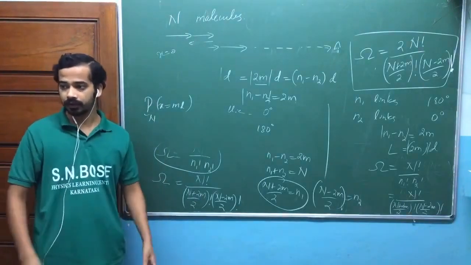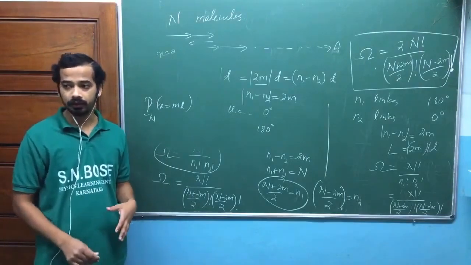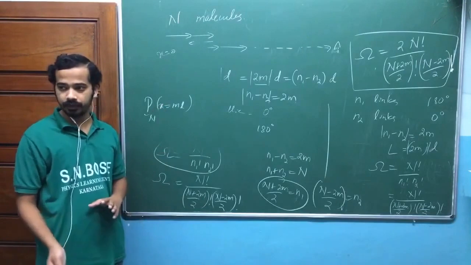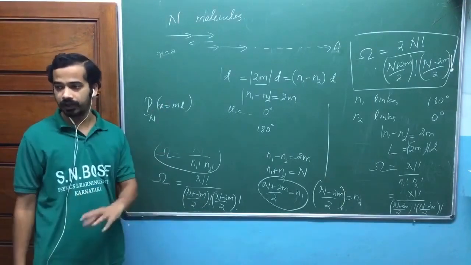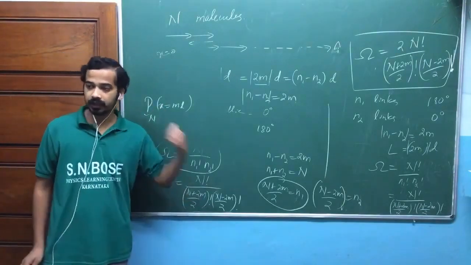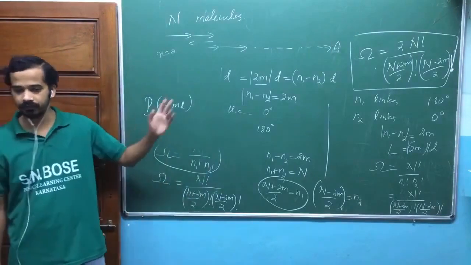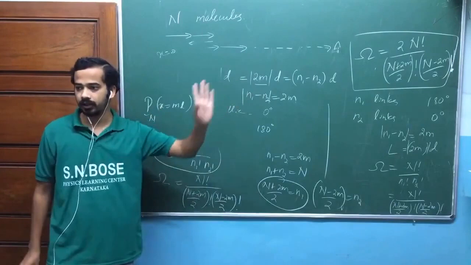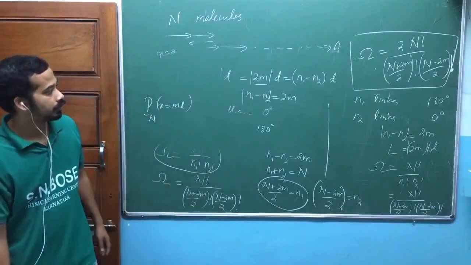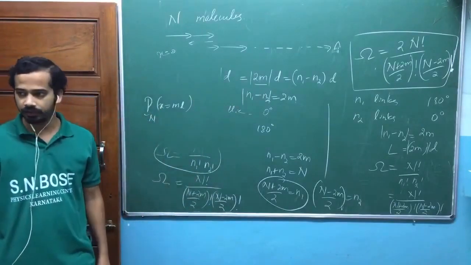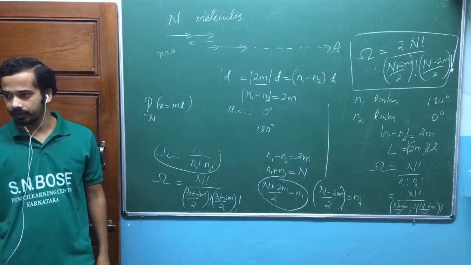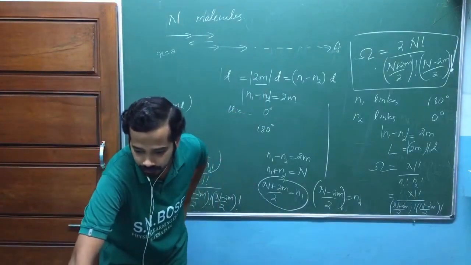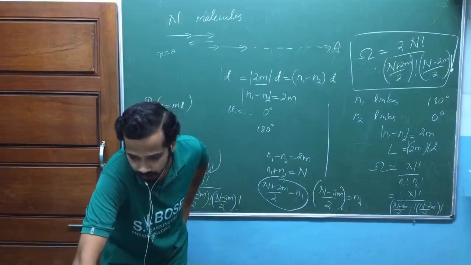Either case, those are different. You will get the negative of the earlier displacement. If you interchange those n1 and n2, you will get negative displacement. We have taken it differently in that probability distribution. But here you should not be sensitive to the sign of the displacement. We are talking about length. That's why the number of possible ways is 2 times the individual. That's a good question. I hope you got it.